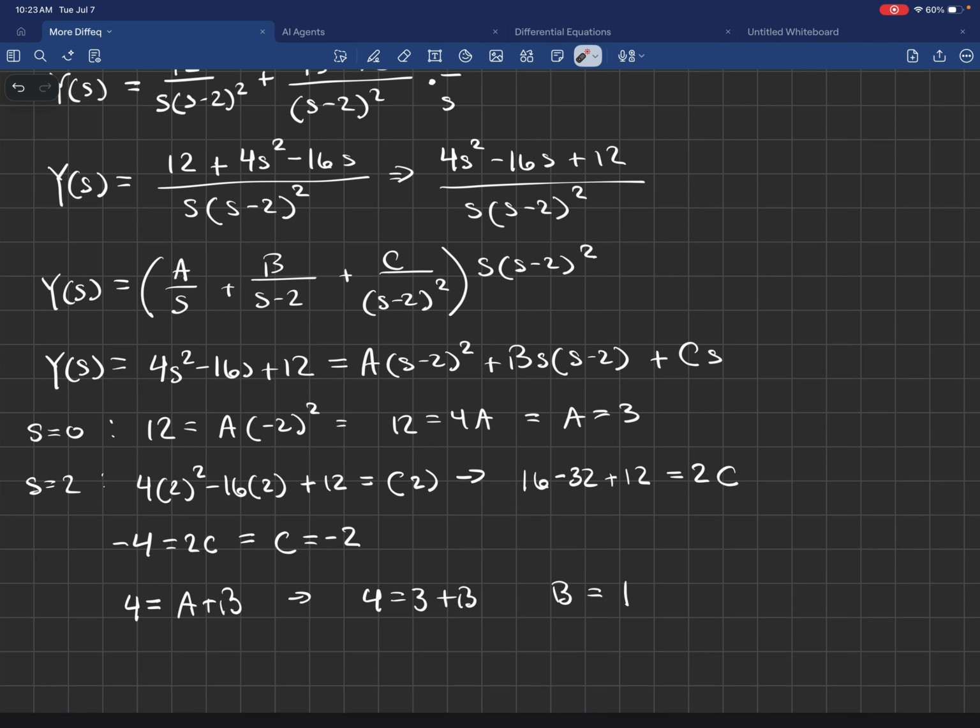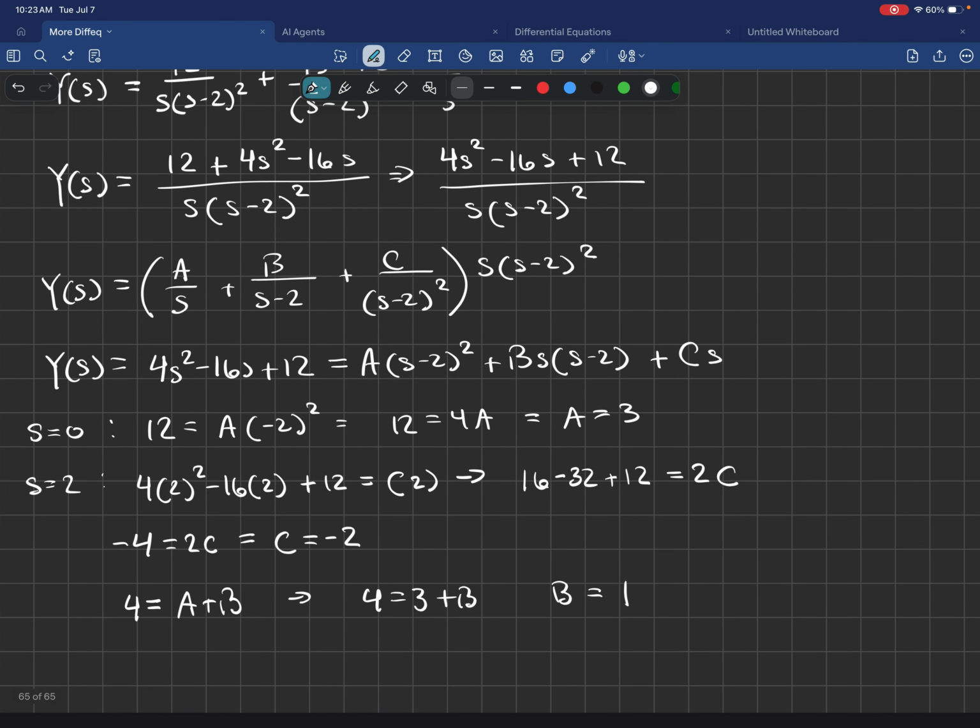I don't know if this is the best way to explain this, but because you have the s squared term on the left side and the s squared term on the right side, whatever the coefficients are, you can set them equal to each other. That's what we're doing here to solve for our b. So now we have a, b, and c.